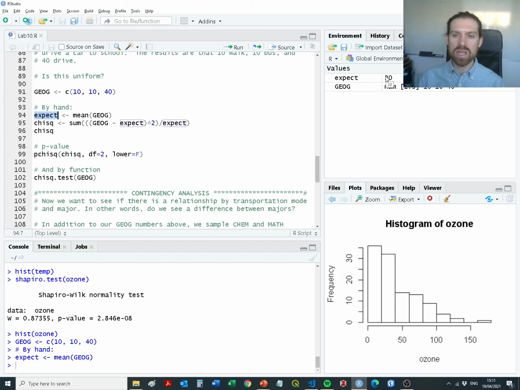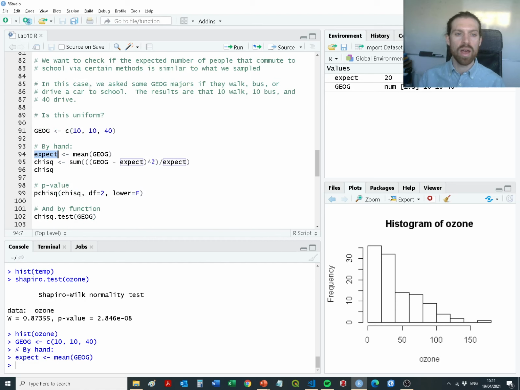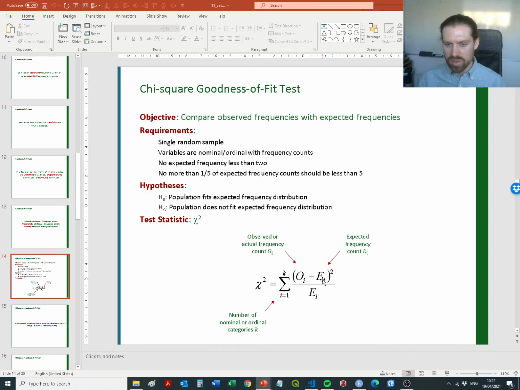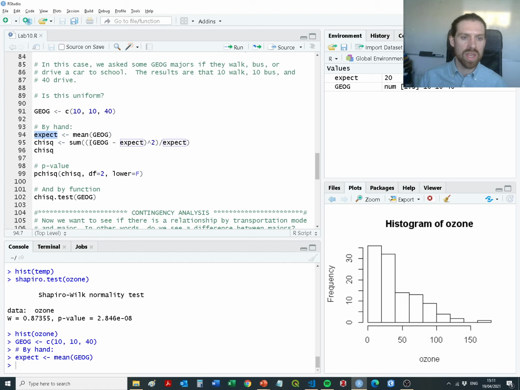So that's the mean number of people that we would expect for any one category based on the survey that we've carried out. Then what we need to do is subtract the E_i from the O and square. That's what we're doing in this part of the equation. We're subtracting the expected from each one of the geography variable results that we got, and then squaring them.